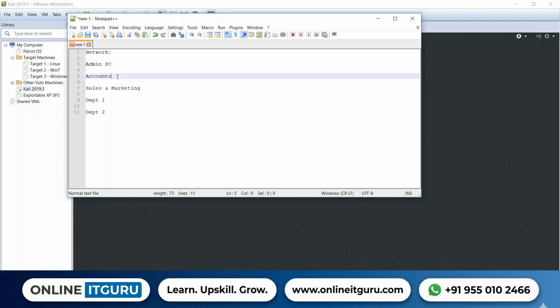So let's assume that accounts would have an IP range of 192.168.0.50 to 0.100, and then sales and marketing would have 101 to 120, and then department 1 has 121 to 150, and this one has 151 to 165, right?